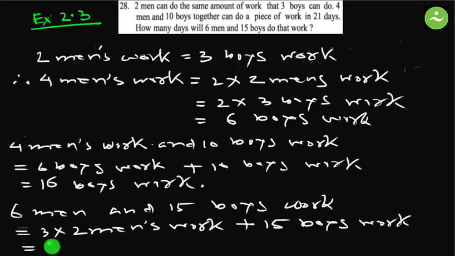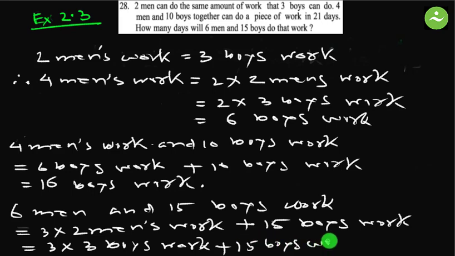So we can write 3 multiply 3 boys' work plus 15 boys' work equals to 3 multiply 3 means 9, and 9 plus 15 means 24 boys' work.